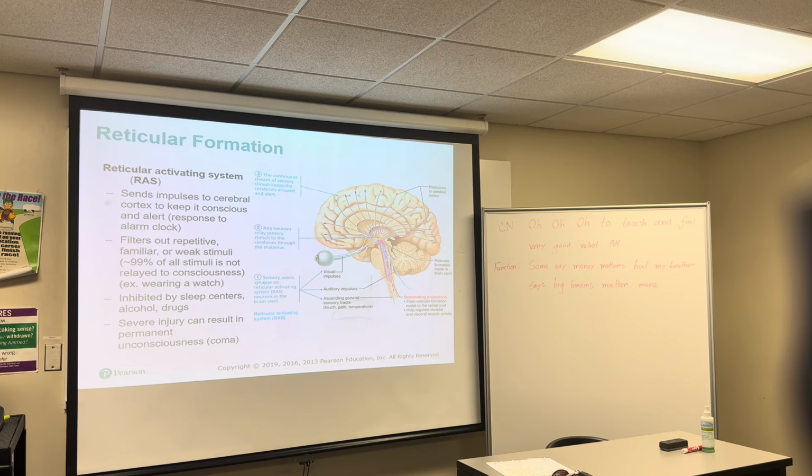Even though you are sleeping, it can help keep you conscious and alert, even when you are not properly conscious. It filters out repetitive, familiar, or weak stimuli related to consciousness. It is inhibited by the sleep center, alcohol, or drugs, and severe injury can result in permanent unconsciousness.